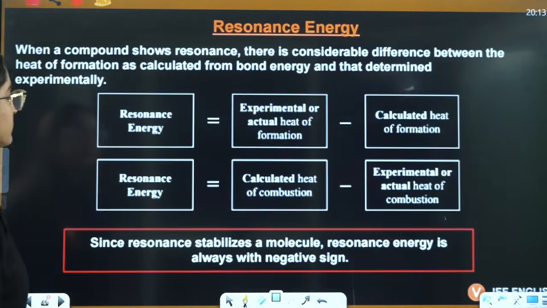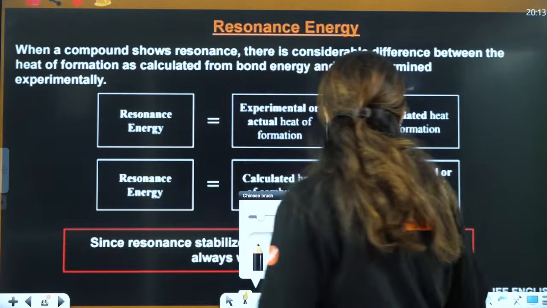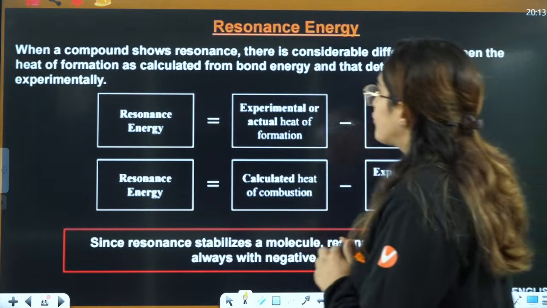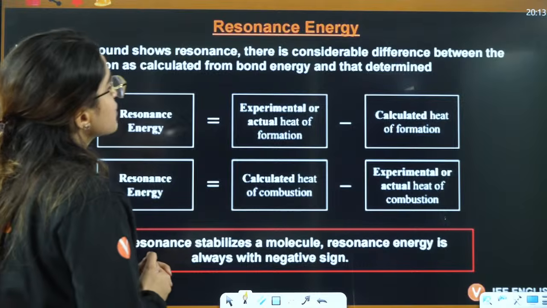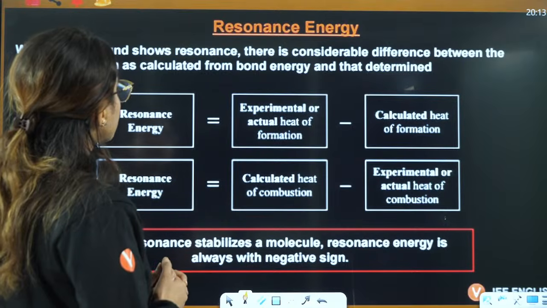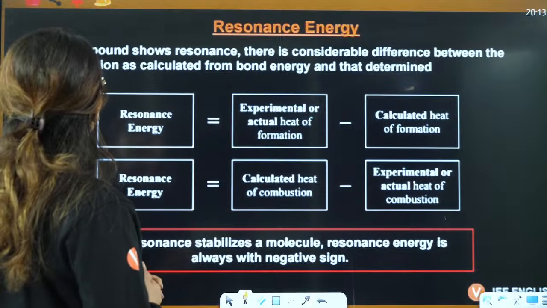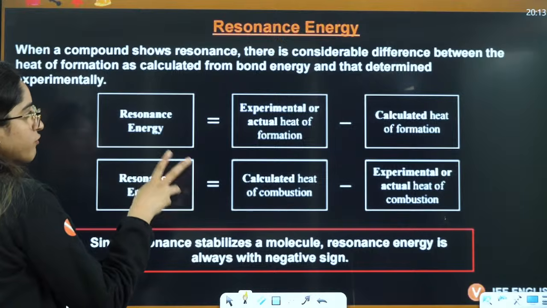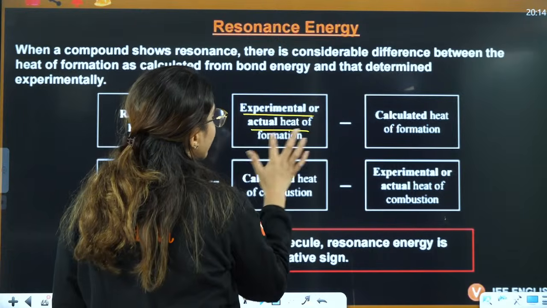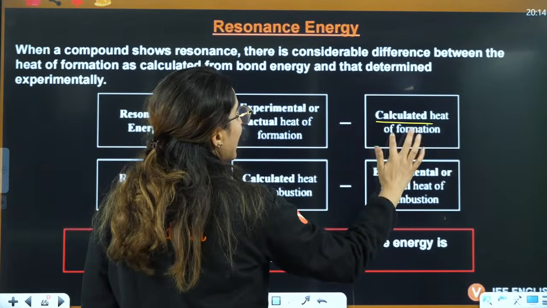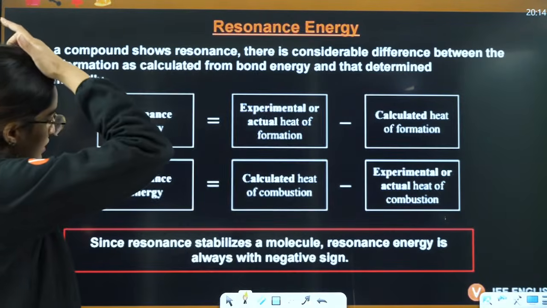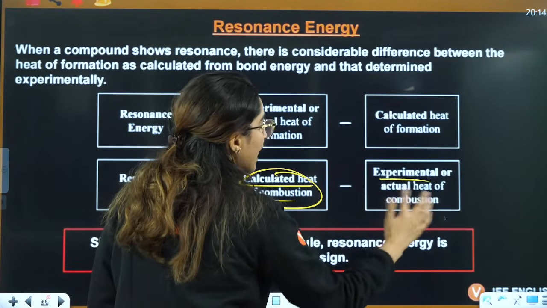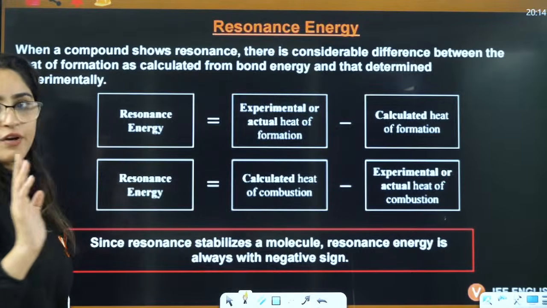Okay. Now, if you talk about resonance energy here, let us see. When a compound shows resonance, there is a considerable difference between the heat of formation as calculated from bond energy and that determined experimentally. So if you talk about resonance energy in terms of heat of formation, it is the experimental, actual heat of formation minus the calculated heat of formation, right? Here also the calculated heat of combustion is different from the actual experimental one. Why?